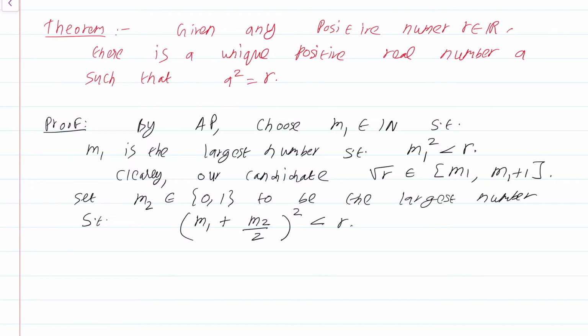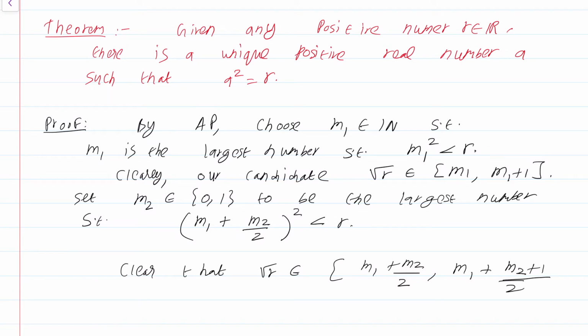Now, again, by our choice, it's clear that the required square root of r is contained in the interval m1 plus m2 by 2, comma, m1 plus m2 by 2 plus 1 in the numerator.